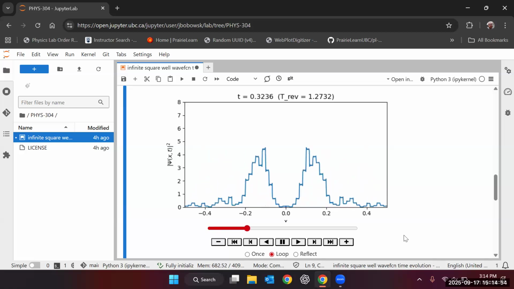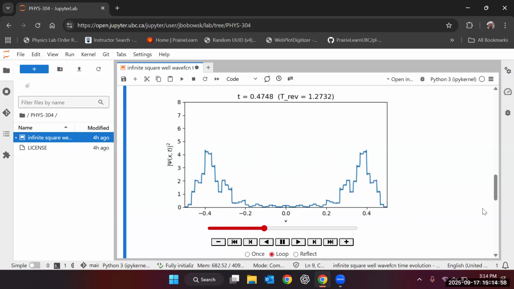What we should think about is that this is telling us the probability, if we were to measure, say, the energy of the particle in our square well, that we'll find it in a particular state. We're most likely to find our particle located out here on the edges at this time, but I can scroll through this frame by frame.